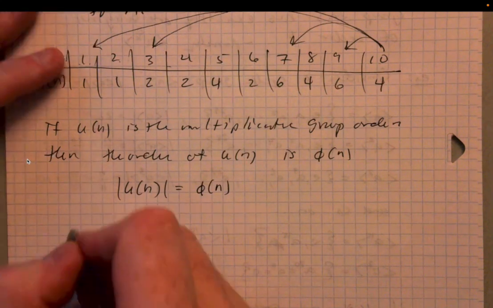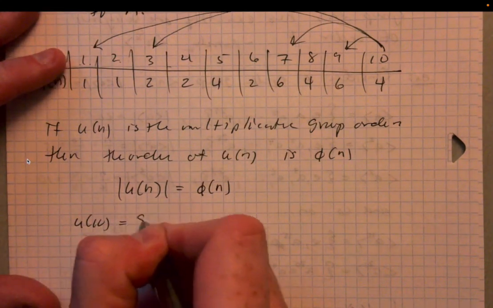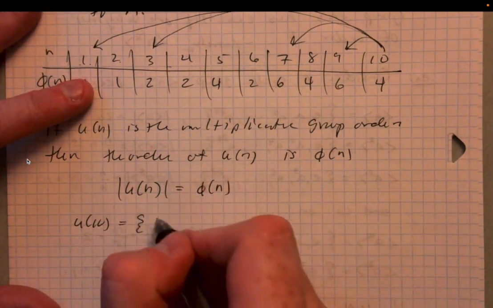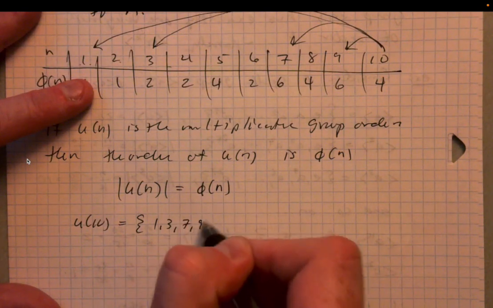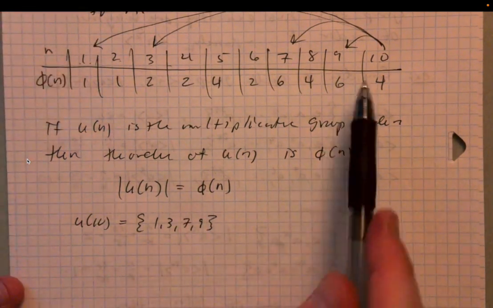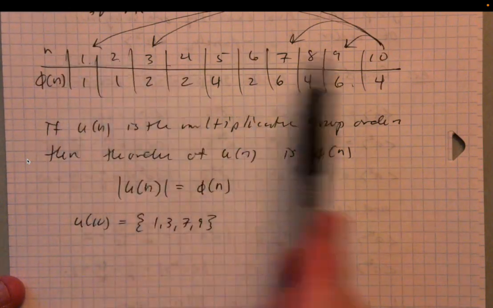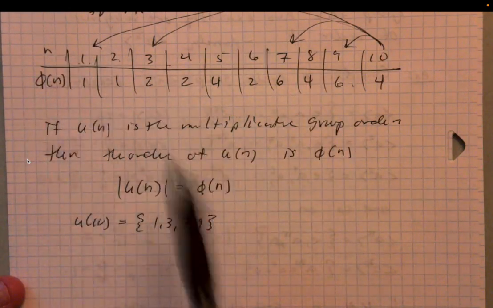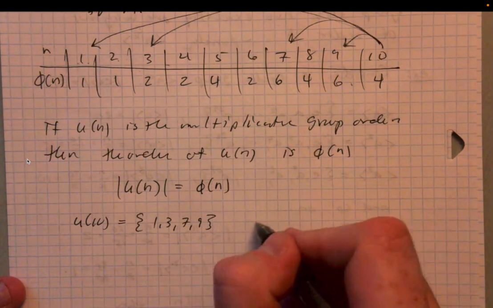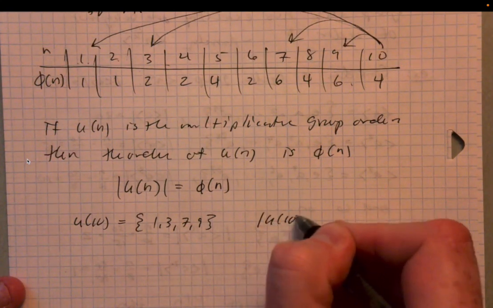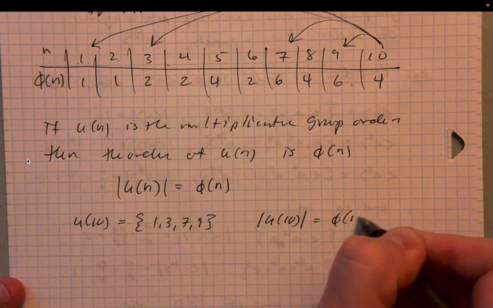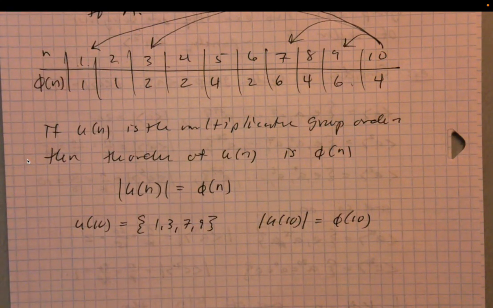For example, U(10), which we've been using a lot: 1, 3, 7, and 9. This is just a list of the 4 values that comprise phi of 10. That is exactly where that comes from.